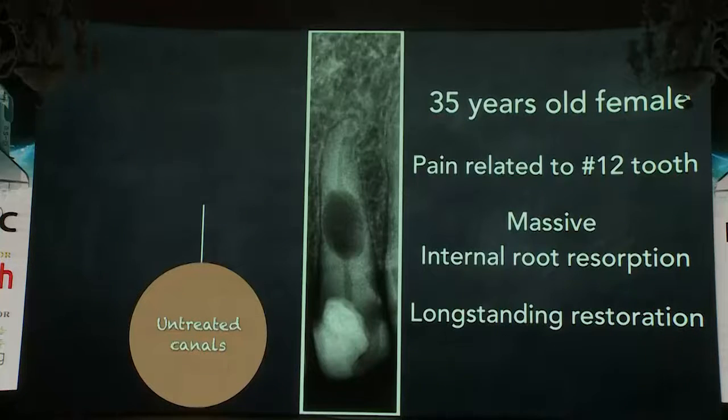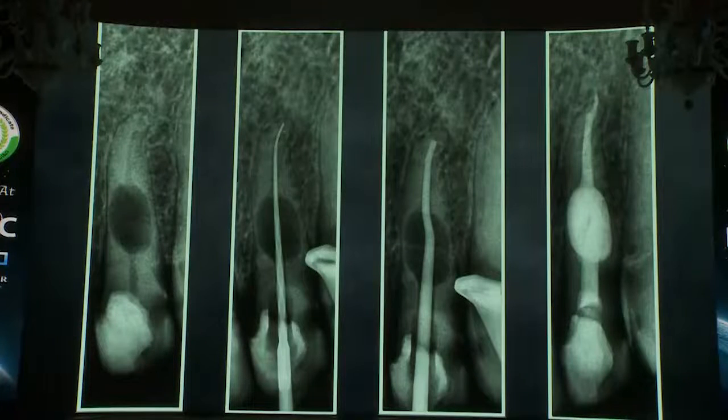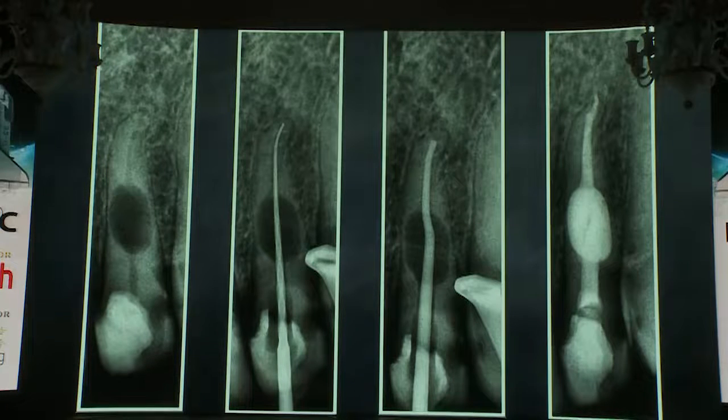Okay. Now, I started to make a challenge in this case. My colleagues advised me to extract it, but I tried. I negotiated the canal. After negotiating the canal, it was very interesting for me to stress on the irrigation protocol.